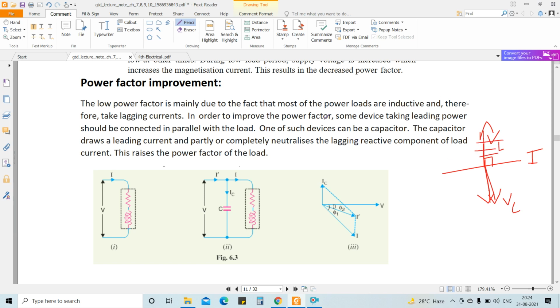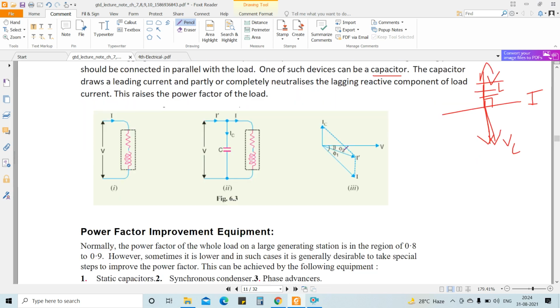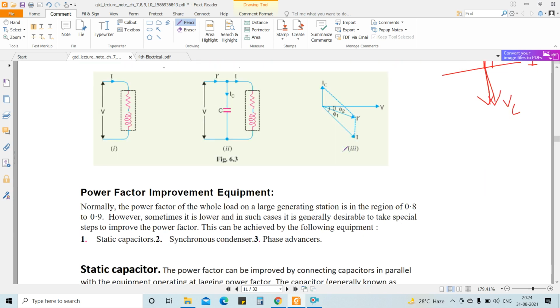So in order to improve the power factor, some device taking leading power should be connected in parallel with the load. One such device can be a capacitor. The capacitor draws a leading current and partly or completely neutralizes the lagging reactive component of load current. So this raises the power factor of the load. The power factor improvement components are static capacitor, synchronous condenser, and phase advancer.